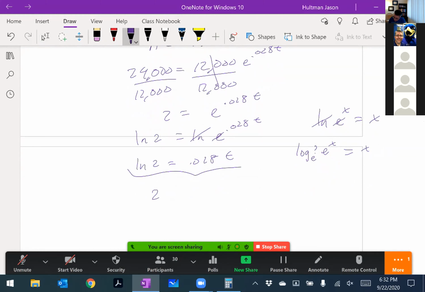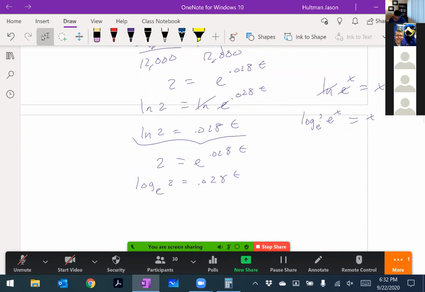You could say 2 is equal to e to the 0.028t, so this is log base e of 2 is equal to 0.028t. But what is log base e? Isn't that just natural log? Either way, we get to the same spot. I'll call this method 1, and I'll call this method number 2.